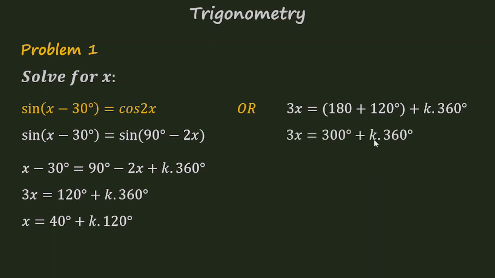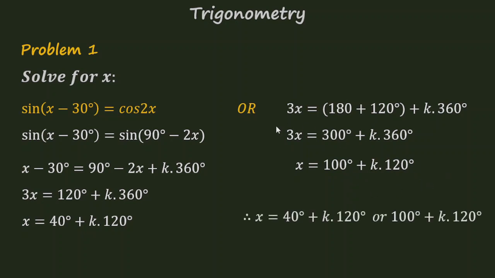We can simplify this to give us x equals 100 degrees plus k times 120 degrees, where k is the element of integers. So we can actually write the final solution as x equals this, or x equals that.